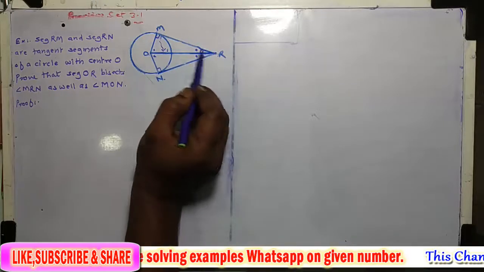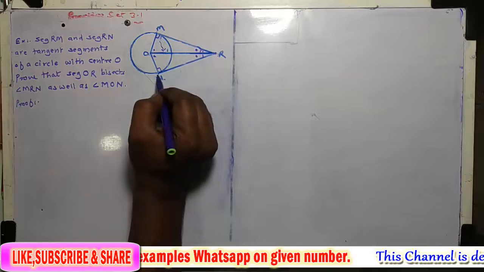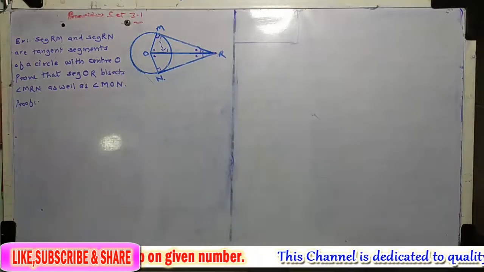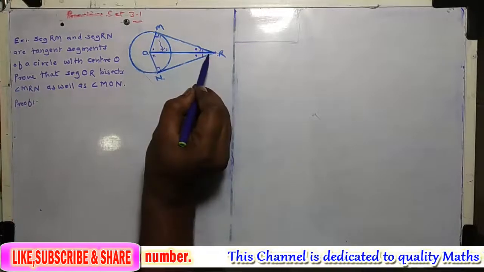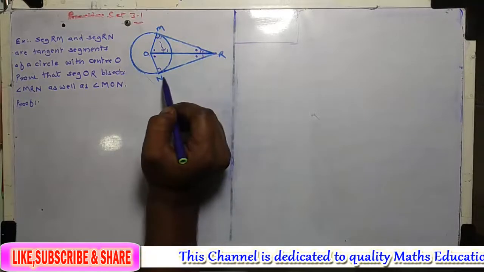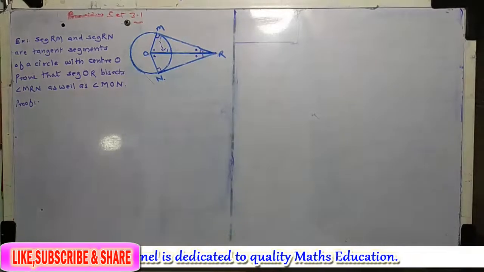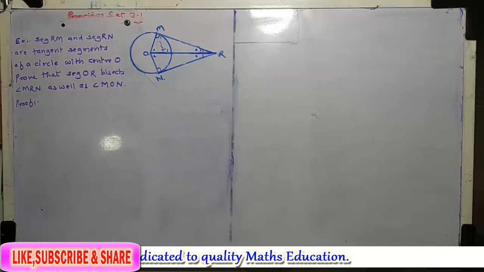Similarly, angle MOR is equal to angle NOR, corresponding angles of congruent triangles. And therefore we say that this OR bisects angle MRN and angle MON. Did you understand? So accordingly we have to present the proof.